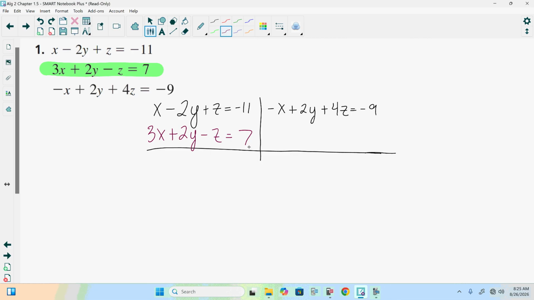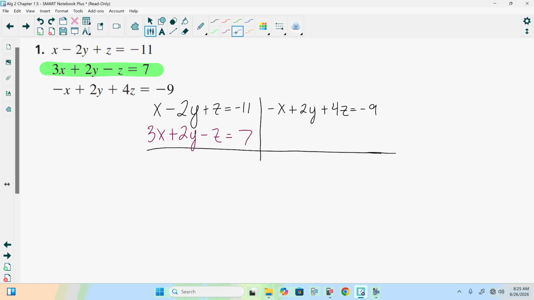Now we don't have to multiply it by anything because our y values are already both 2, so we don't have to simplify there. Now to determine if we're adding or subtracting, we're specifically going to look at the variable we're wanting to eliminate. So that's our y. So we have -2 and +2.